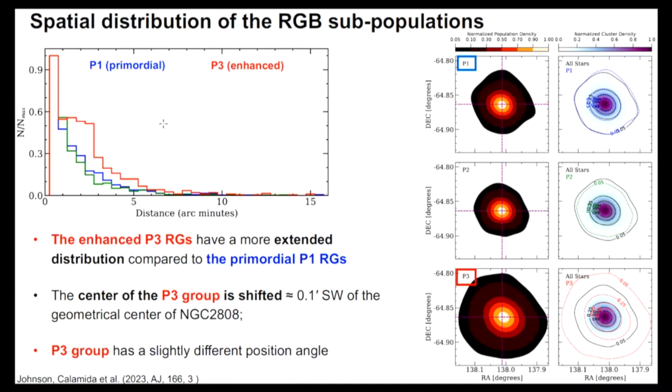And from the density plot here on the right, you can see clearly that the density distribution of the enhanced population is more extended, and also the center of this group is shifted in comparison to the primordial population by about 0.1 arc minutes.